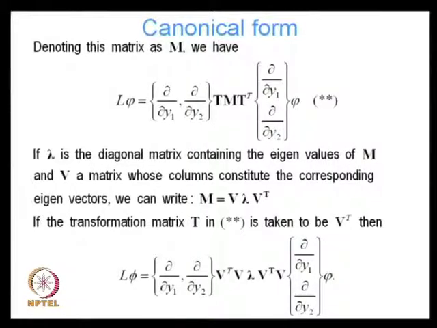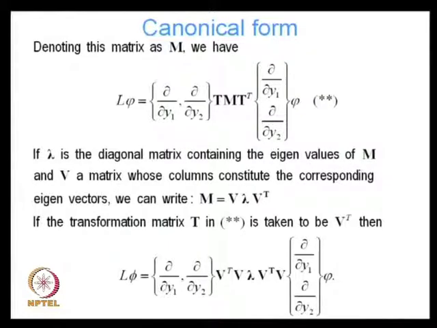And so now L phi is equal to this vector times T times V lambda V transpose T transpose times this vector, right? Now I am free to choose my transformation matrix, right? I can choose any transformation I like. I am going to choose whichever transformation simplifies my equation most or best, right? So if I choose the transformation matrix to be the matrix V transpose, then what happens?